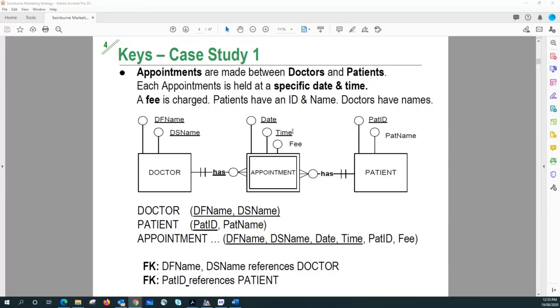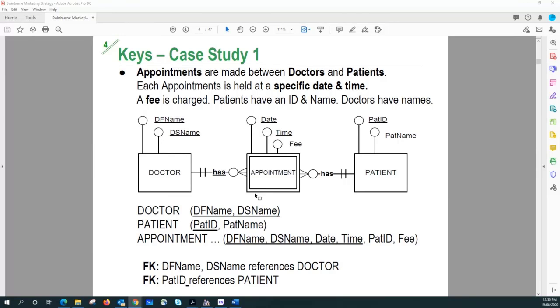So that means we are not in a position to take patient ID as part of the identifier for the appointment. What we can do is take the doctor's primary key as part of the identifier for the appointment. So doctor's first name and surname plus date and time make a kind of perfect identifier.